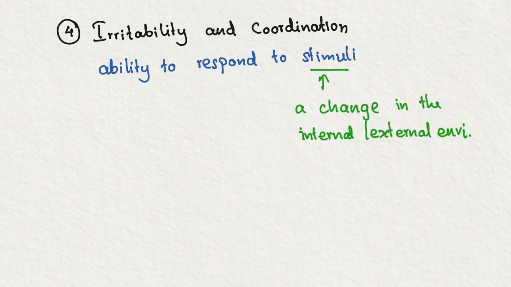This irritability and coordination we can see in all living organisms, both in plants and animals. So in animals, this happens as a result of coordinated efforts of the nerves, hormones, muscles, skeletal systems, the entire system. An example for this in plants is we know that plants grow towards sunlight.